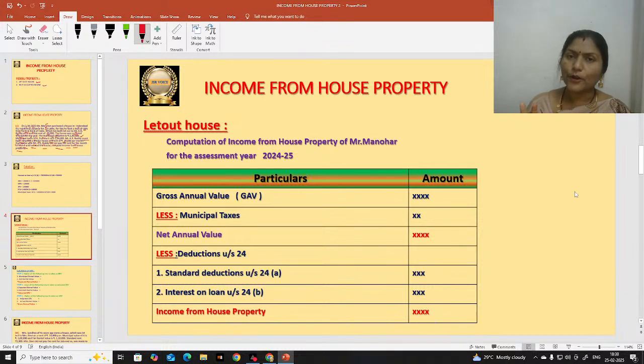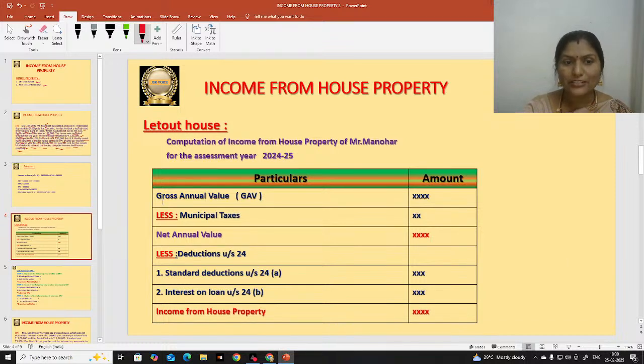In every problem we are going to change the name of the assessee there. That's it. And the heading is always the same in case of house property. And we have to draw columns, particulars, amount. The same format we are going to follow for every problem, but the values we record are whatever is mentioned in our question.